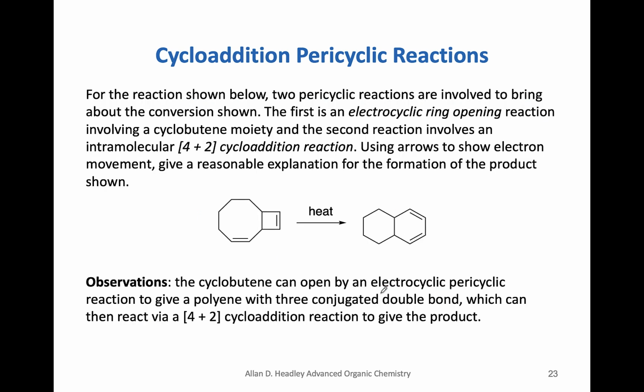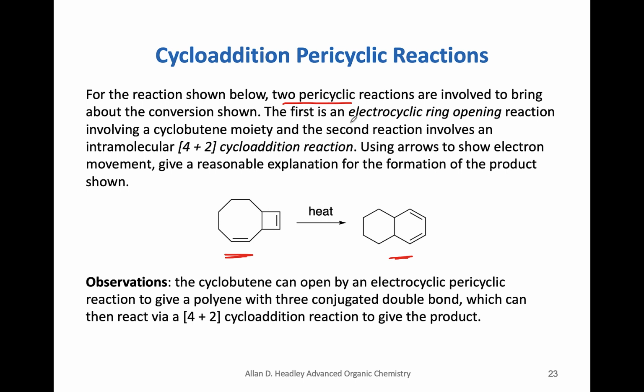Okay, let's look here at some examples to conclude this lecture. So shown below is a reaction. So here's the reactant and it goes to the product. So it's been shown that there are two pericyclic reactions involved to make this conversion.